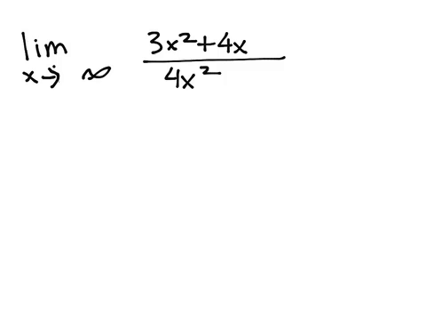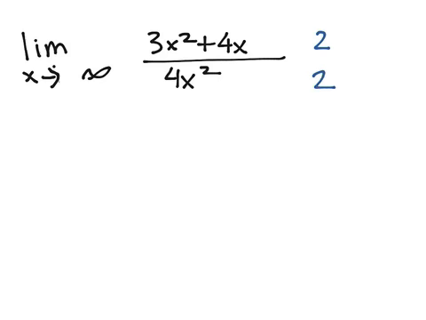Okay, so we have one last one. This one asks, the limit as x approaches infinity of 3x squared plus 4x over 4x squared. So first let's find the degree of the numerator and the denominator. The degree of the numerator is going to be 2, our highest exponent, and the degree of the denominator is going to be 2 as well.